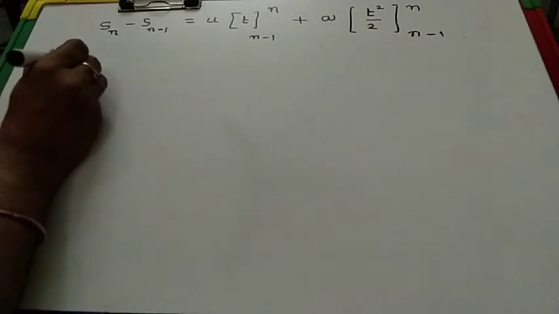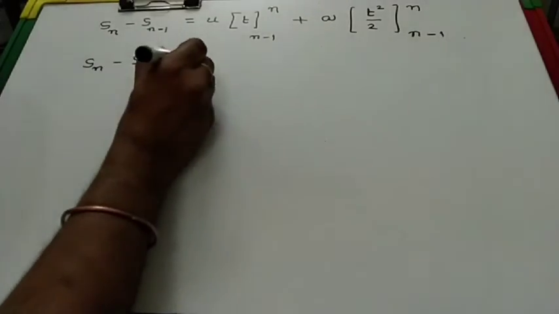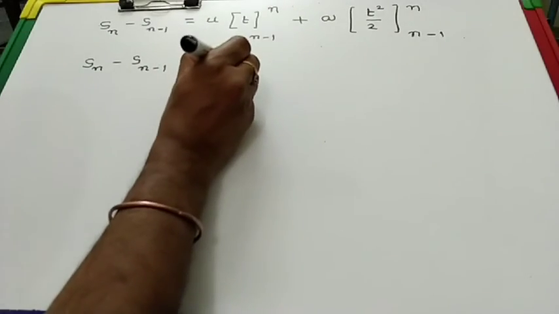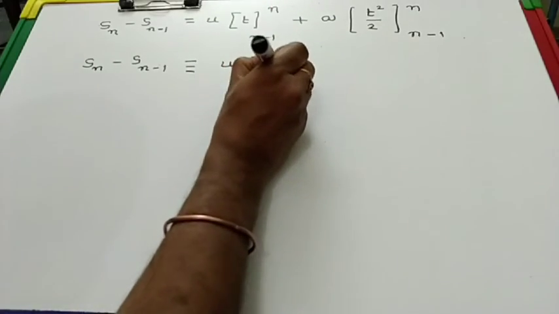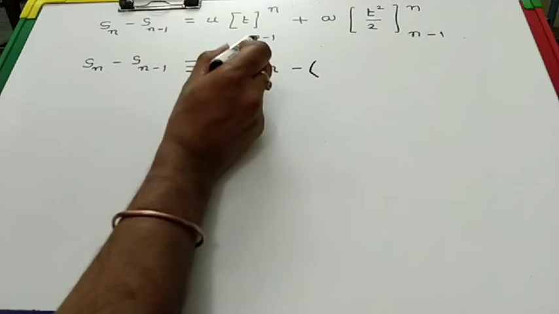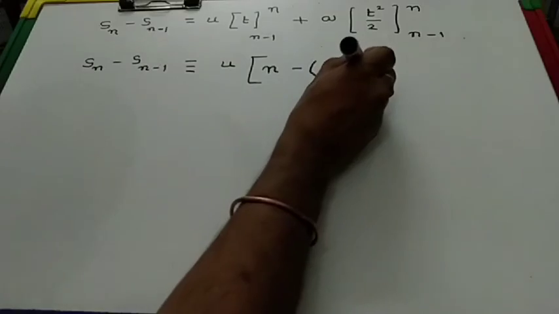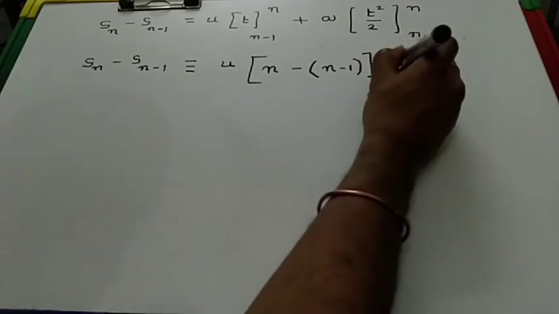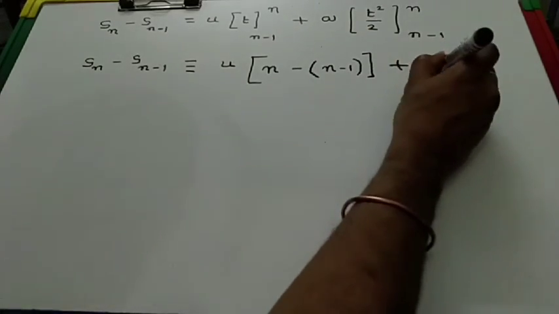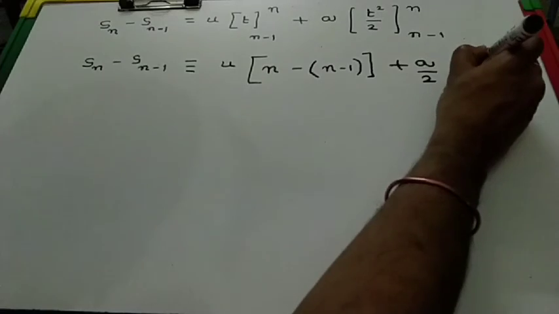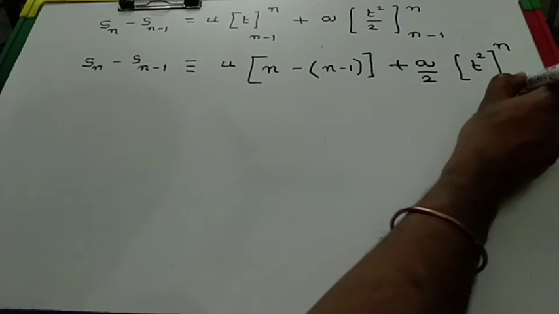Now Sn minus 1 is equal to u into, substitute upper limit in the place of t, n, minus substitute lower limit, that is n minus 1. Now bracket close, plus a by 2 into t square, upper limit n, lower limit n minus 1.